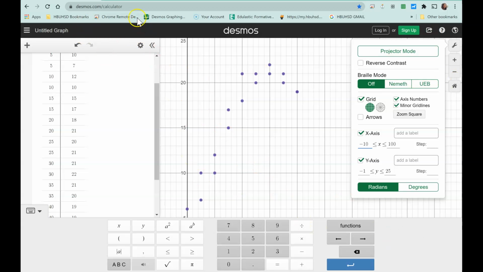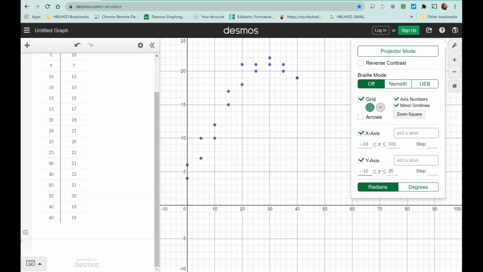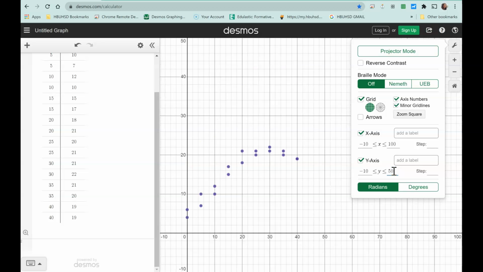So in this particular case, I'm using -1, but if you want to, you can go -10. Now, if you look at the table, the largest bushels yield is 22. So I kind of make this 25. Technically, can you go 30? Sure. 50? Why not? It doesn't really matter. You want to be a little bit more than what the data gives you so you can see the screen.